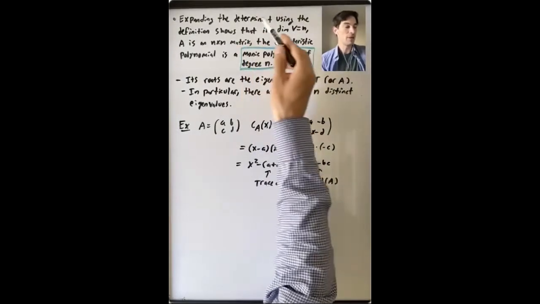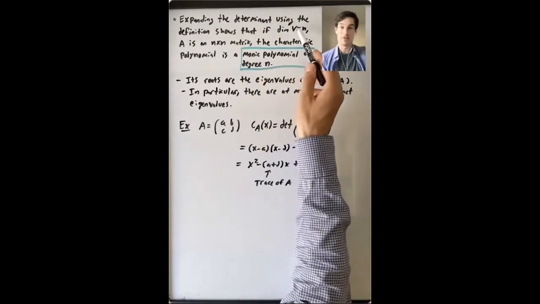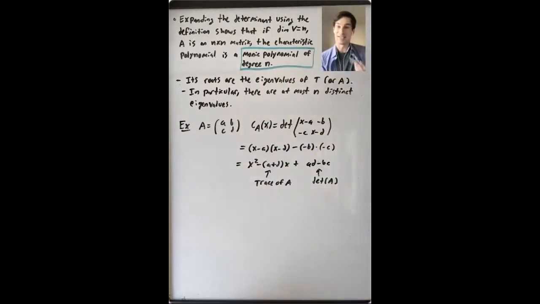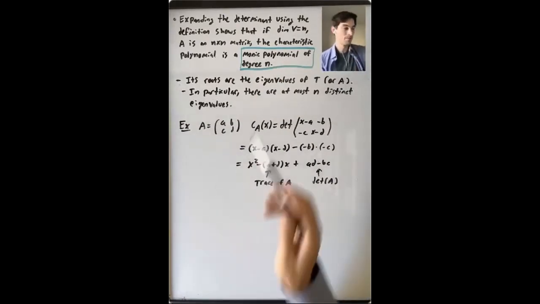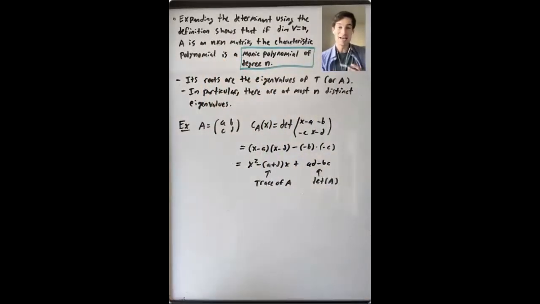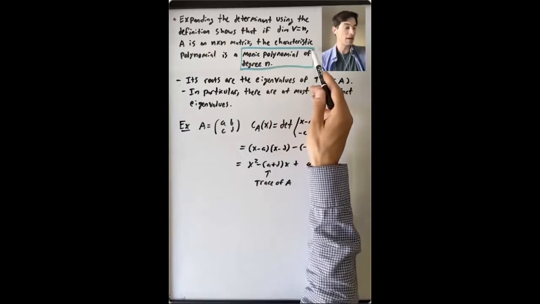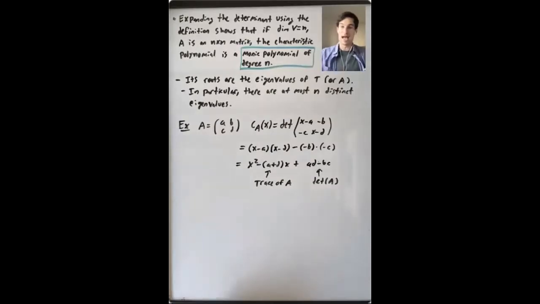So expanding the determinant using the definition shows that if the dimension of your vector space is n, in the case that you're considering a linear transformation T from V to itself, or if you're thinking about an n by n matrix A, in either situation, the characteristic polynomial is a monic polynomial of degree n.